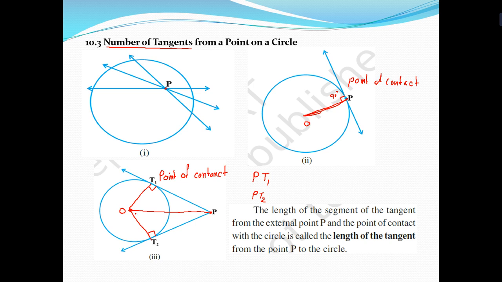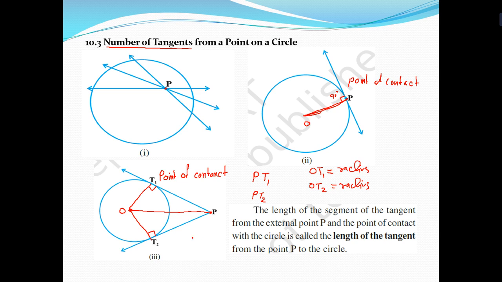Another thing, if you see the third figure properly, I also constructed some more. We joined the center O to T1, so we can say OT1 is also a radius. OT2 is also a radius. If you understand the definition of it, we can say it is a radius.